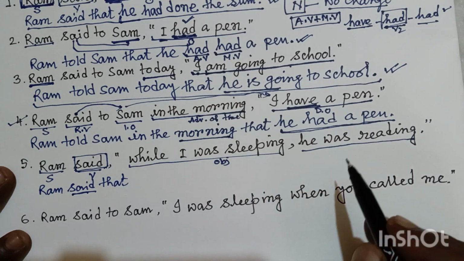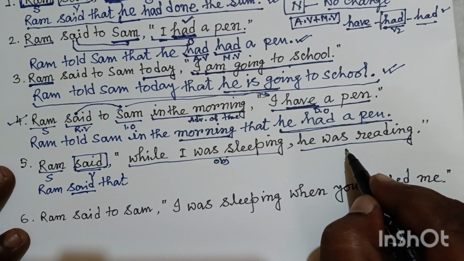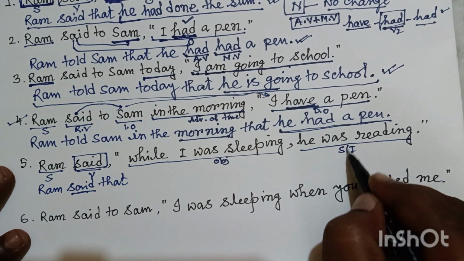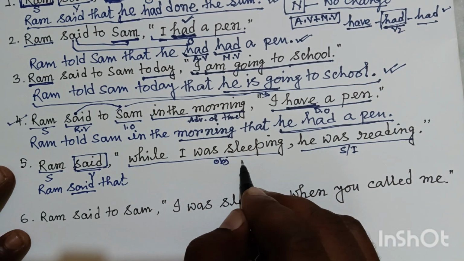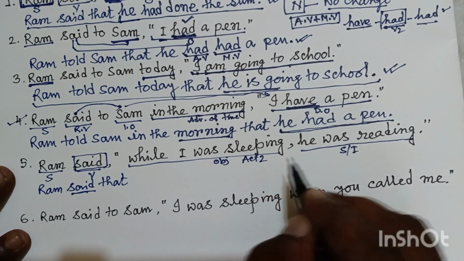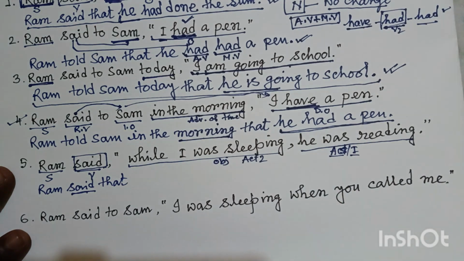Now think about this one. He was reading, that is sentence 1. And I was sleeping is also one action, action 2. It is action 1, action 2.